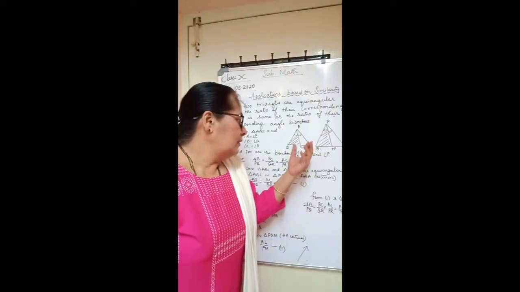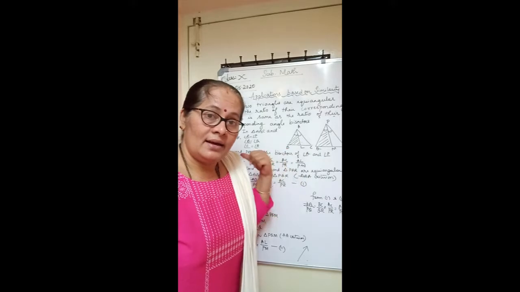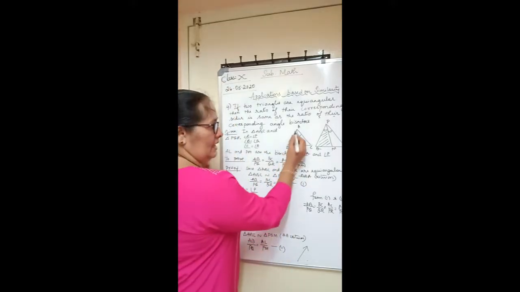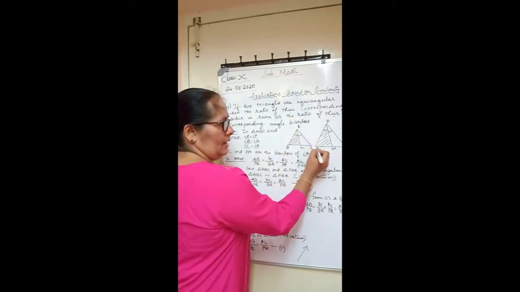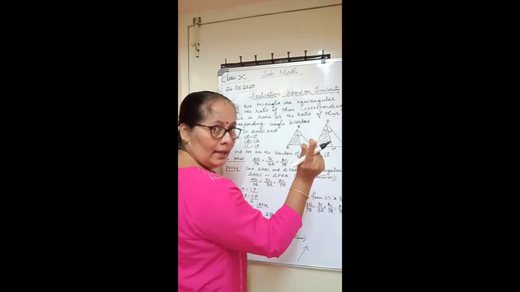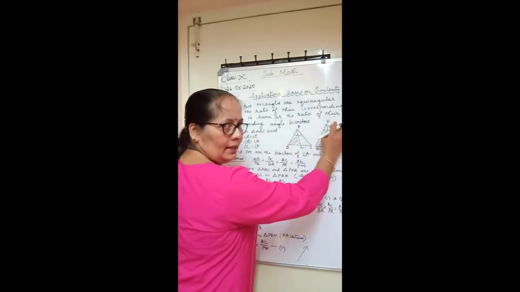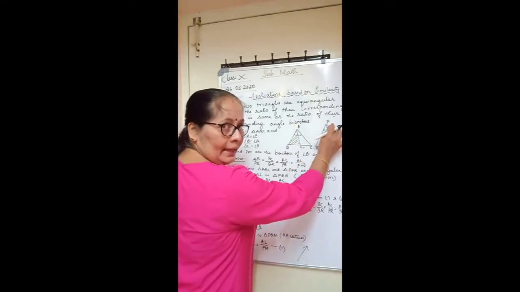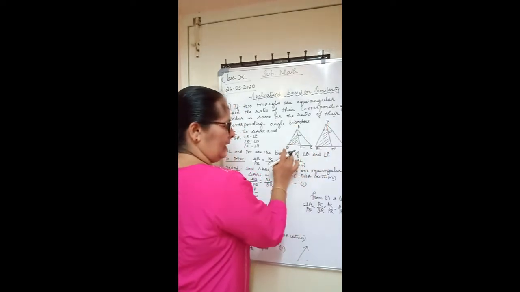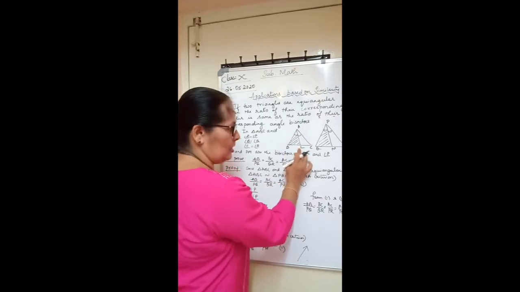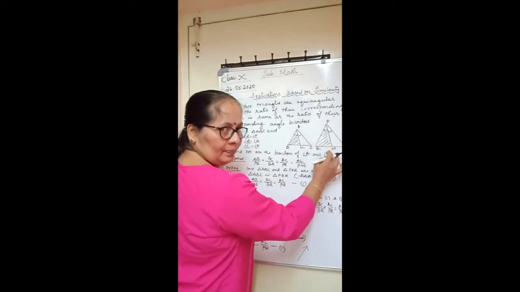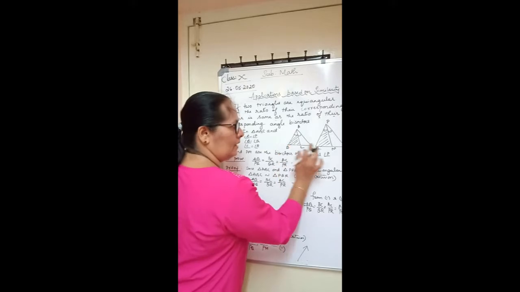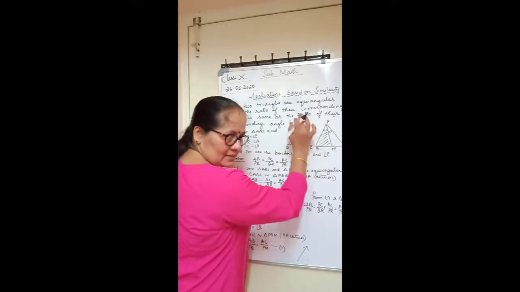Which two angles are equal here? Angle BAL equals angle QPM. Why? Angle A equals angle P, equiangular. So half of angle A equals half of angle P. So angle BAL is equal to angle QPM. Also angle B equals angle Q, which is given.